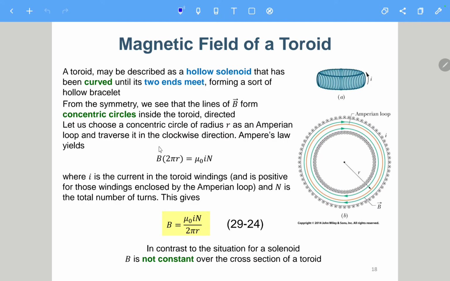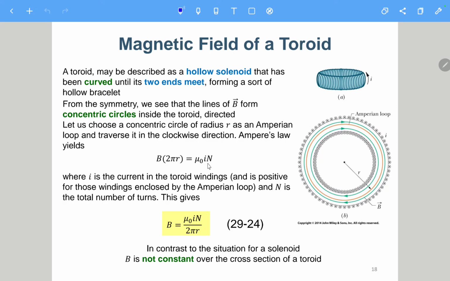On the left side, as always, we have B times 2 pi R. Then on the right side, we have mu 0 times I enclosed. For each turn, it is I, and this is the number of turns for the toroid.